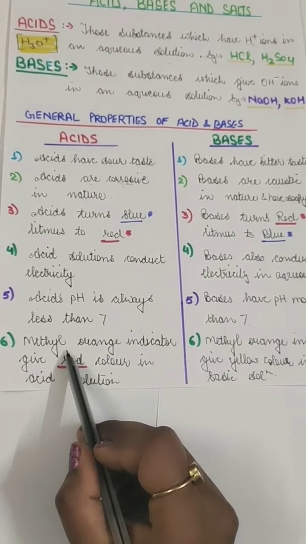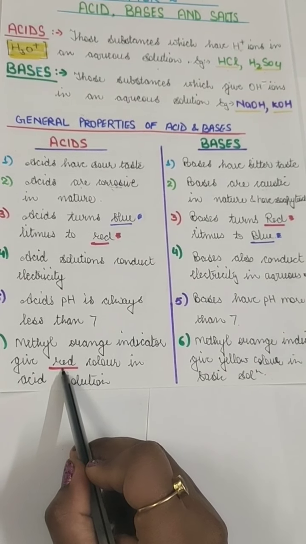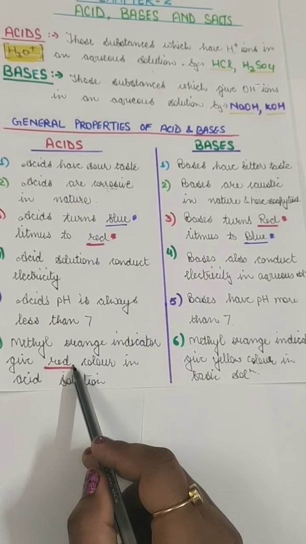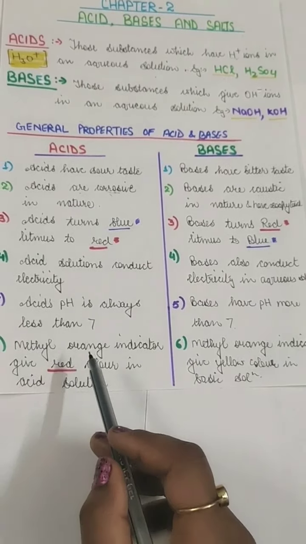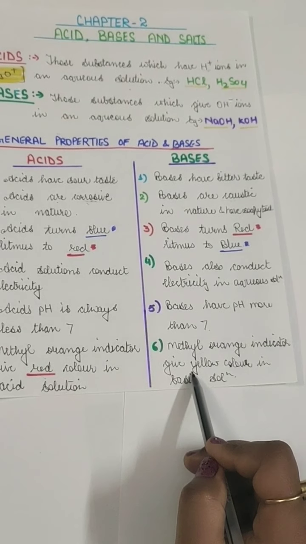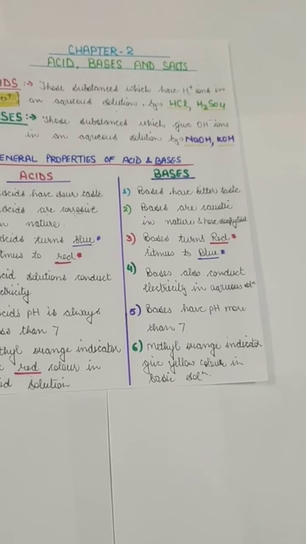Now the next indicator is the methyl orange indicator. Methyl orange gives a red color in acidic solution. So acid always turns the solution red, or in other words an orange tone. And methyl orange gives a yellow color in the case of bases. We'll be learning more about indicators.